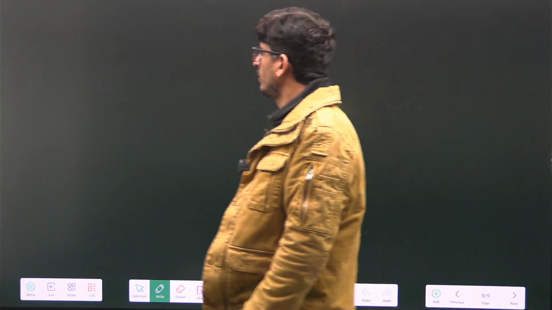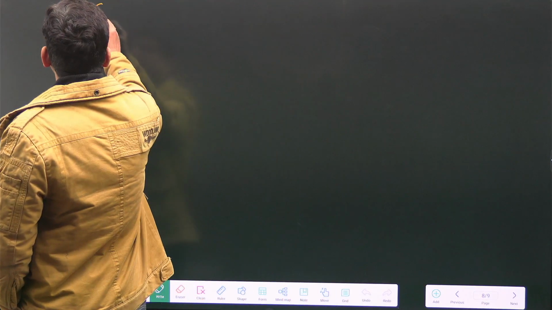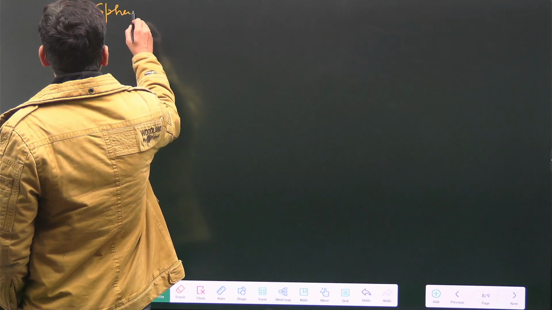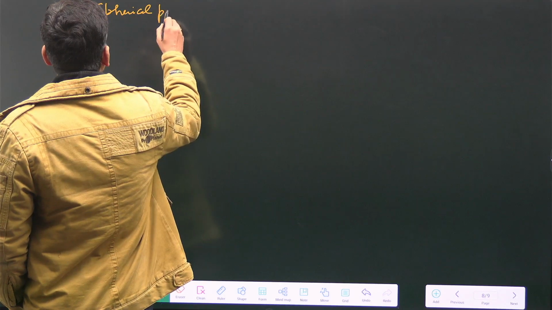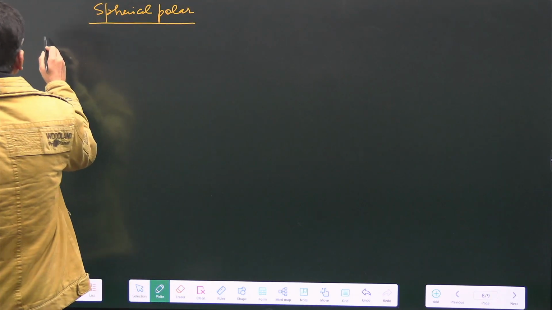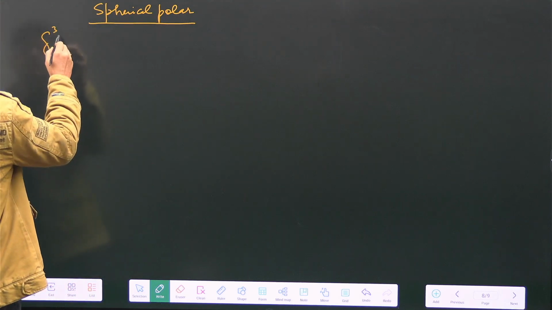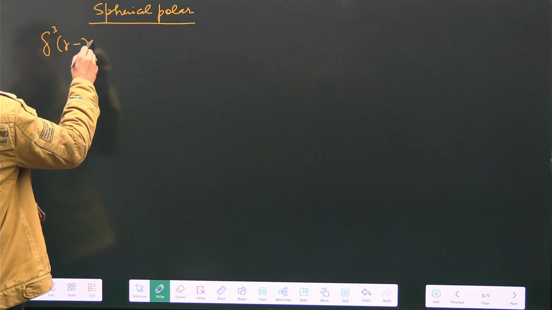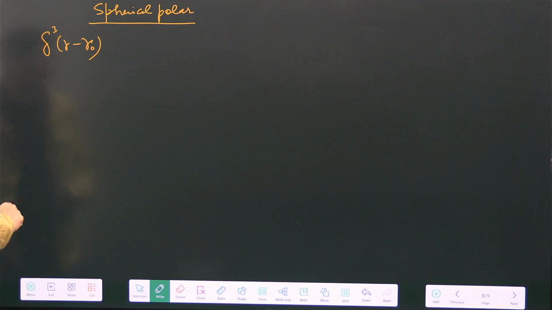And when you go for spherical polar, suppose it is written del cube (r minus r naught). This is three-dimensional spherical polar.